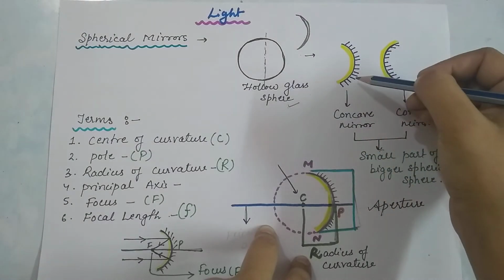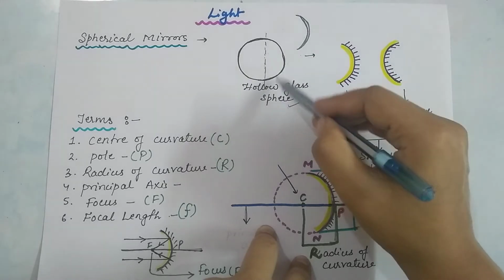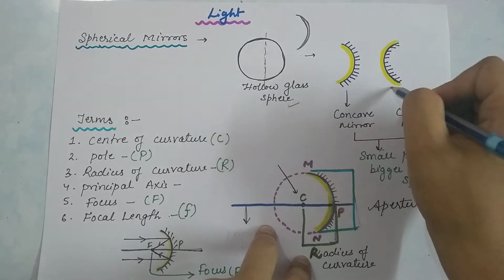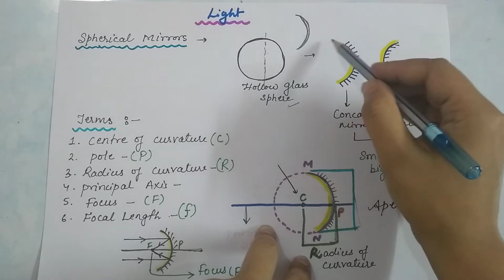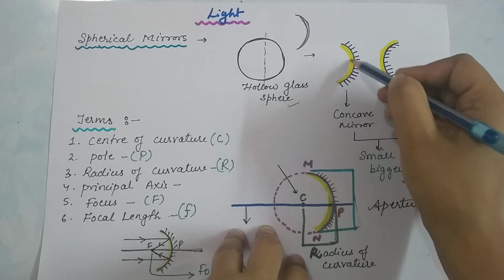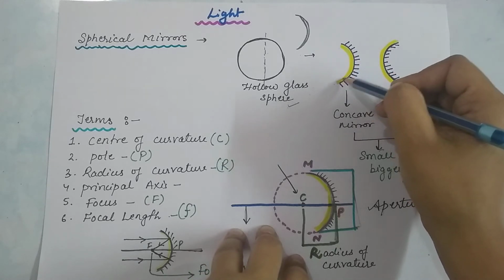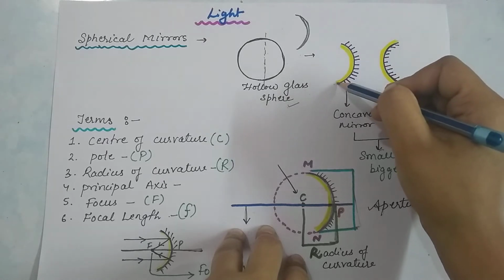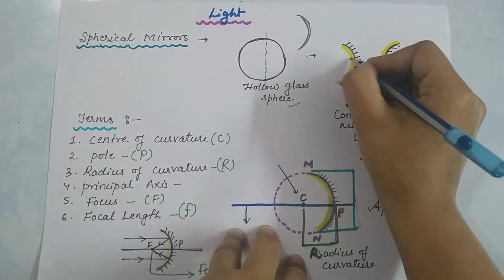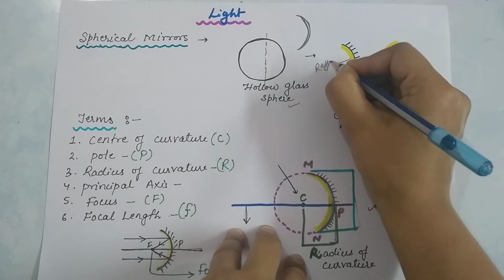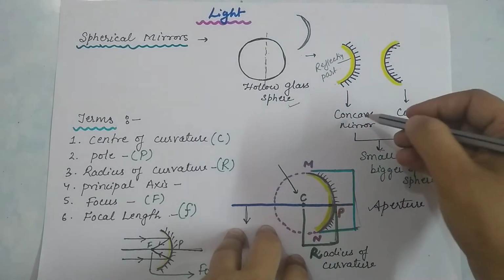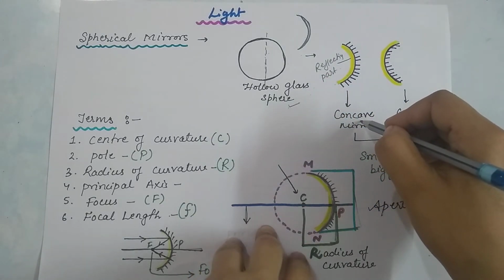You are able to see that we have taken a part from the hollow glass sphere. When we cut this, we get this type of part, and when the inner side of this part is shining or coated with silver, it means this part is the reflecting part. That type of mirror is called concave mirror.